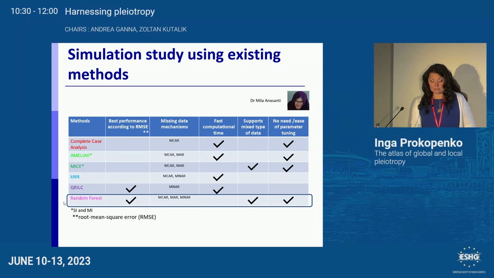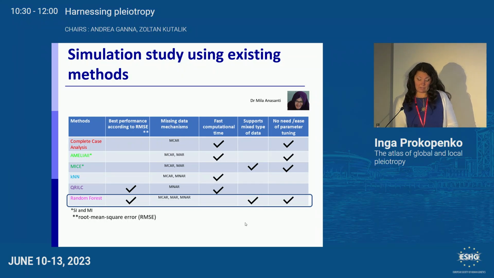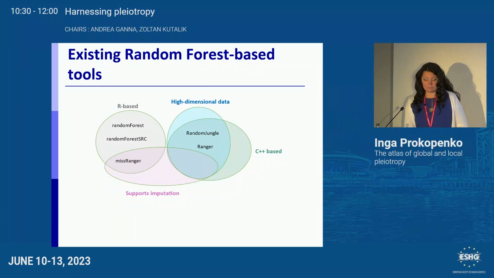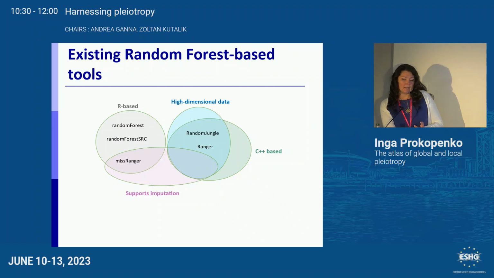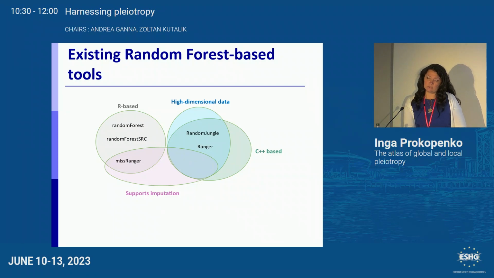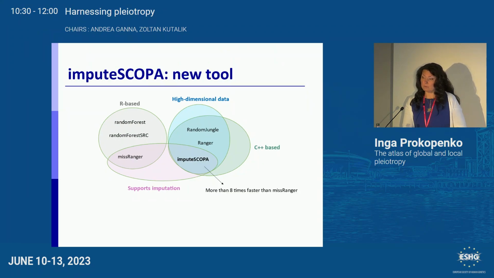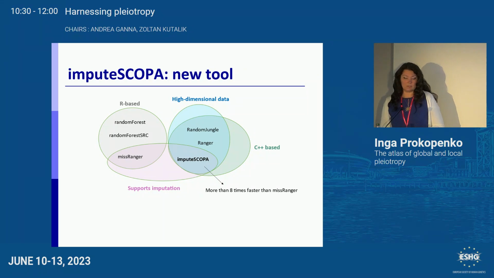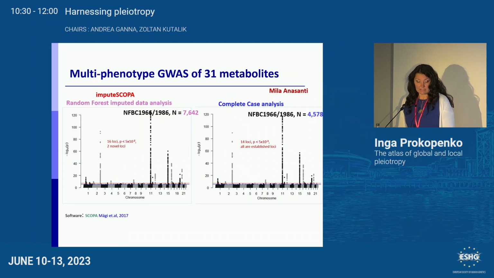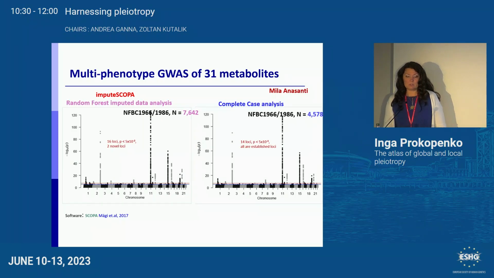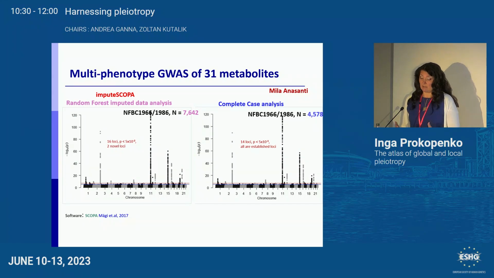So we decided that random forest was doing the best for imputation of multiple phenotypes, and then she explored a variety of options in R and how these options can work with high-dimensional data, or whether they can work in C++. So the solution was to do the random forest-based software in C++.